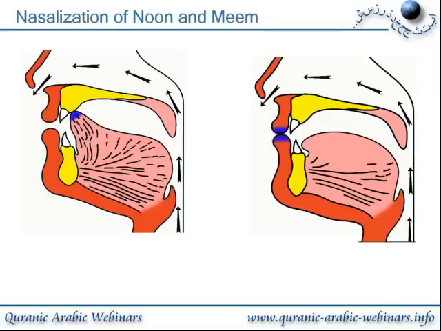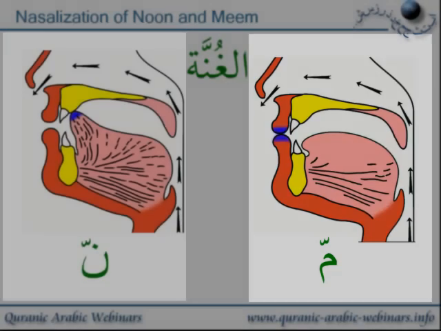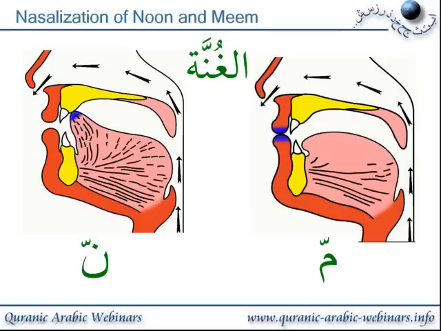So we've got the normal makharij diagrams that we've covered before. On the right hand side we have the makharij diagram for Meem, and on the left hand side we have it for Noon. Now, the thing to notice here, below the diagrams we've got Meem with shadda and Noon with shadda, i.e. Meem Mushaddad and Noon Mushaddad.